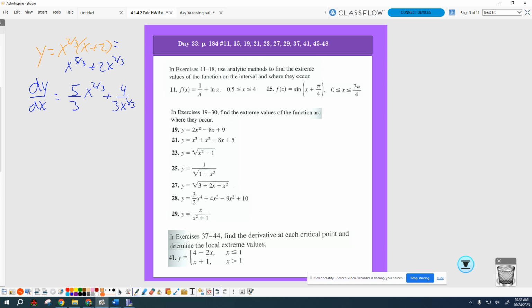Okay, so Nick, where is this derivative undefined? When the x is 0. Okay, so that's one critical point. And where does the whole thing equal 0? Subtract one of them to the other side.